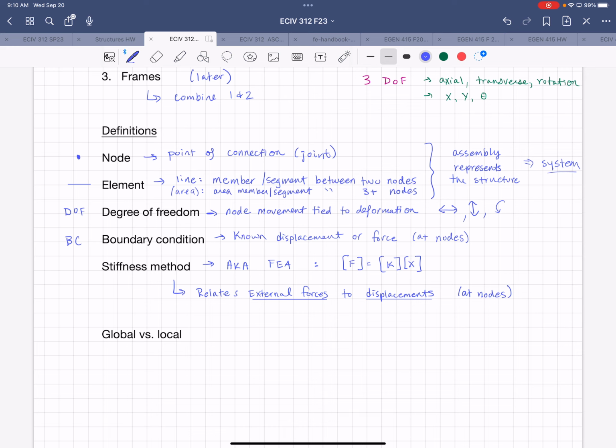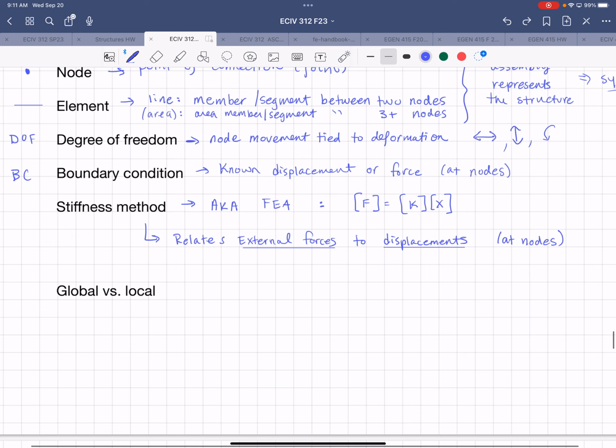And I really want to emphasize external in this, all right? So with this method, we are never concerned with internal forces through our solution.